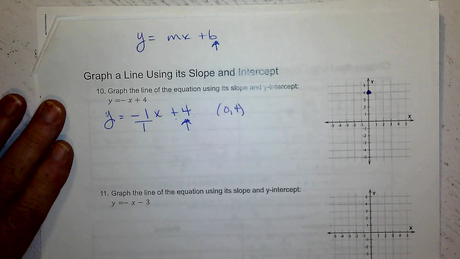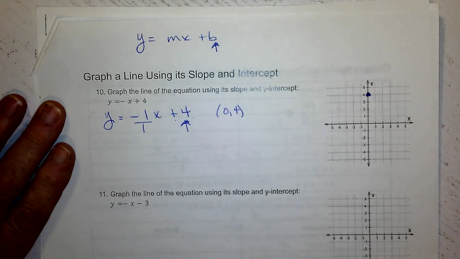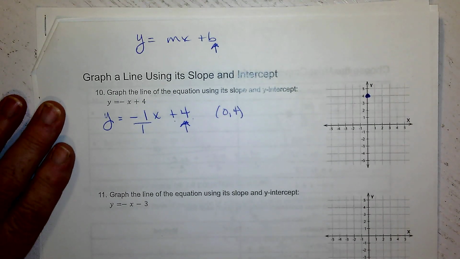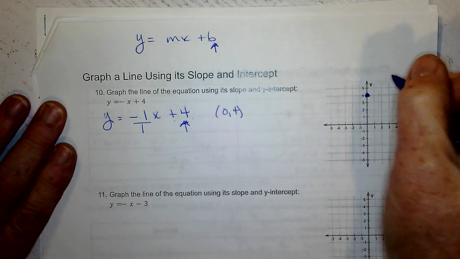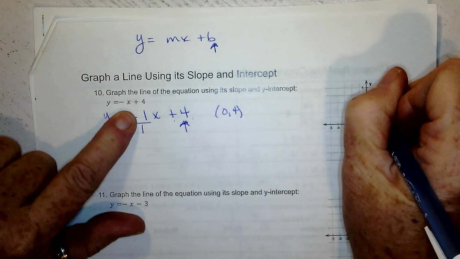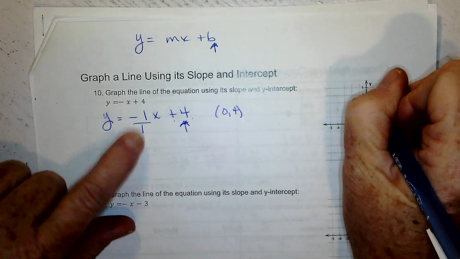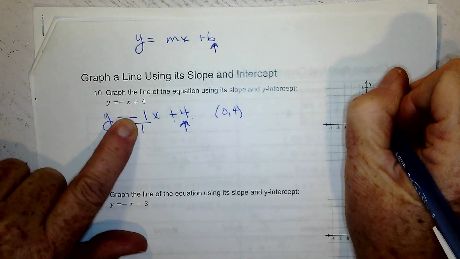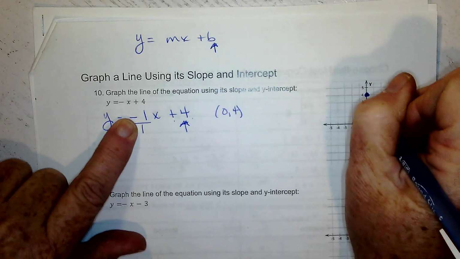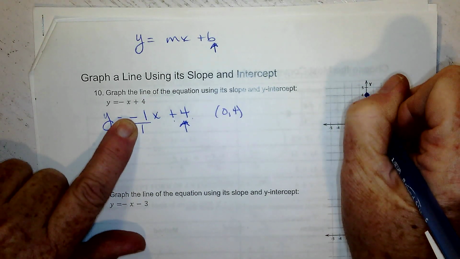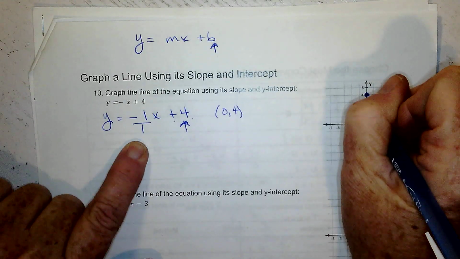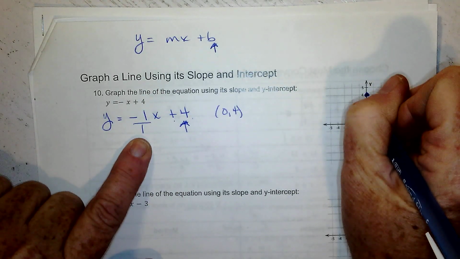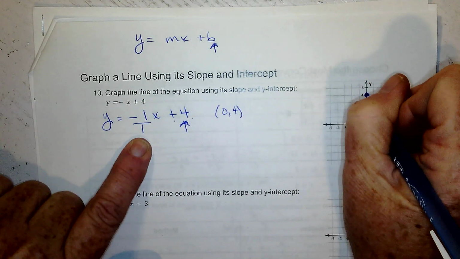Now to create my second dot, I have to use my slope. All right, so from this dot, I have to do my rise and my run. Notice my rise is negative. That means we're going to rise down. We're going to go down 1, and then our run is 1. And I've told you, your run, you always run to the right.